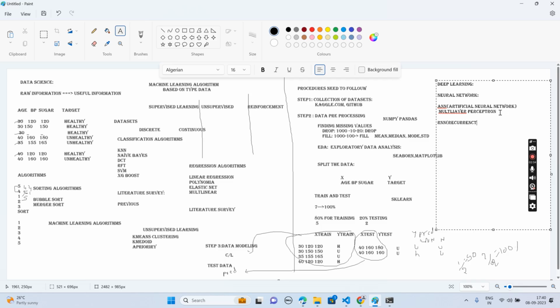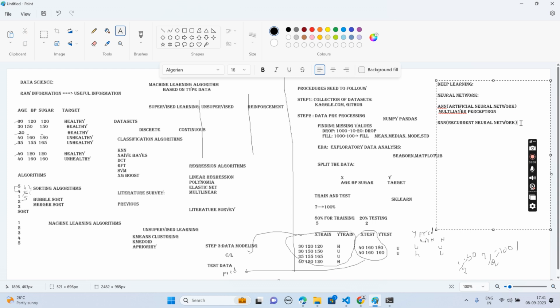So ANN, artificial neural network, multi-layer perceptron, or RNN, recurrent neural network: these are the algorithms we are going to use. If I use a deep learning algorithm, instead of KNN and naive Bayes, I can use the ANN and RNN algorithms for my project.